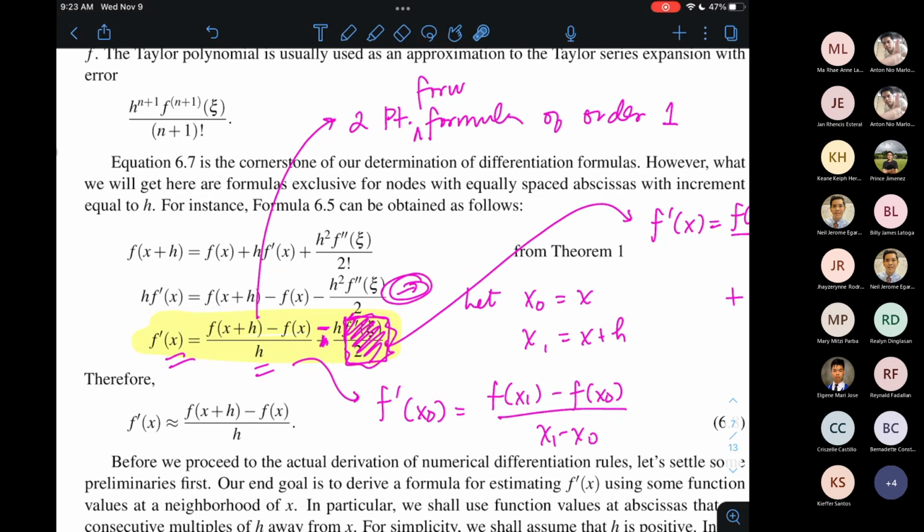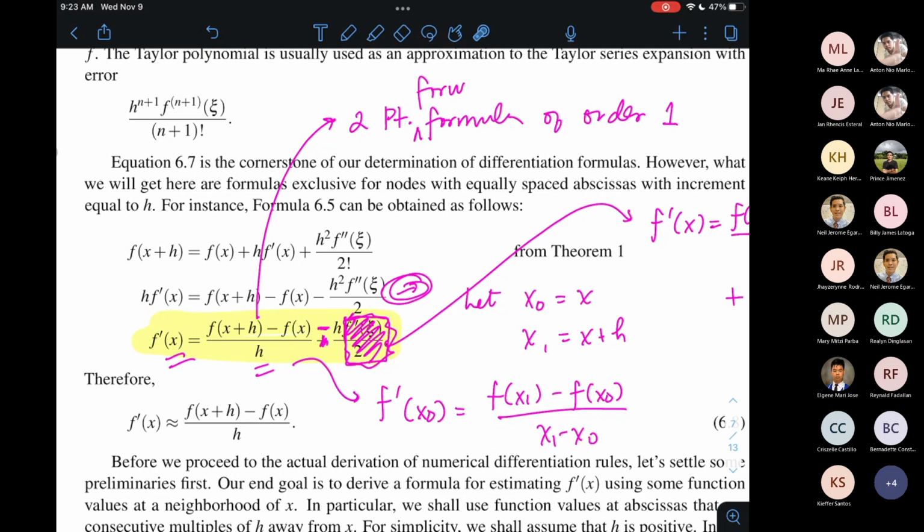So actually, in this chapter or in this module, you will learn how to create your own differentiation formula. So pwede kang gumawa ng 3-point formula for the derivative. Ano? So you can make up your constants, make up your own formula. Pwede tayong magkakaiba ng formula. Sasabihin ko lang ilang points yung gagamitin, ano yung direction, forward, backward, or centered, tapos kung ano yung order.